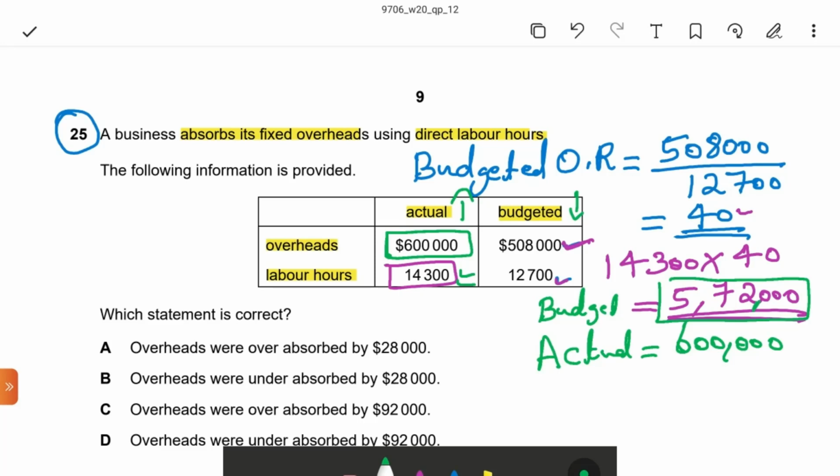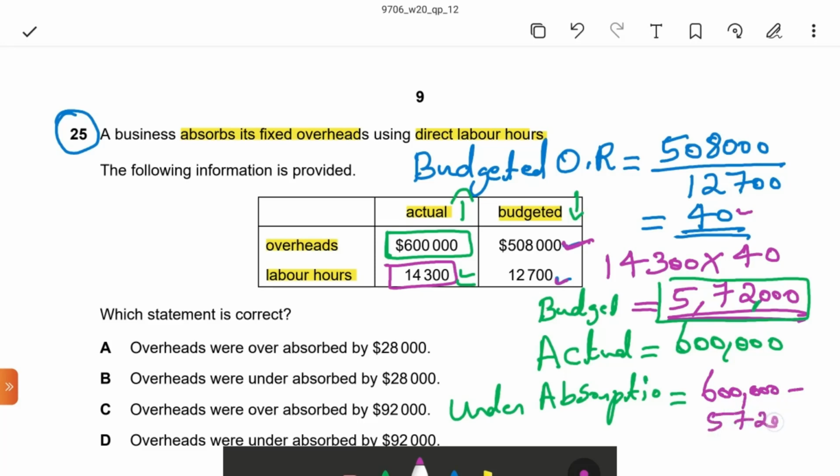So what is the difference? Under absorption is equal to 600,000 minus 572,000, which is 28,000 underabsorbed.